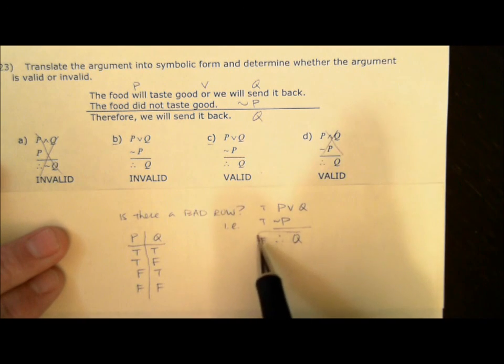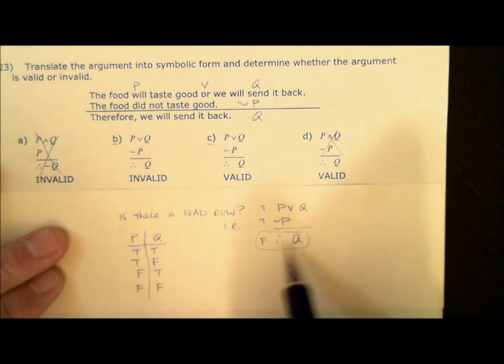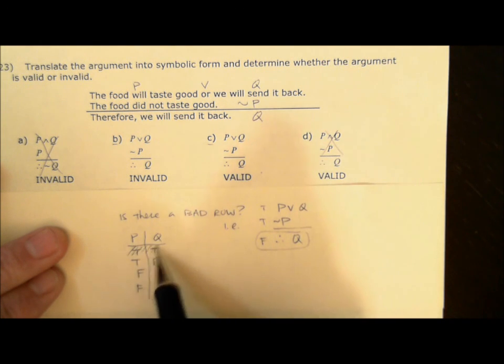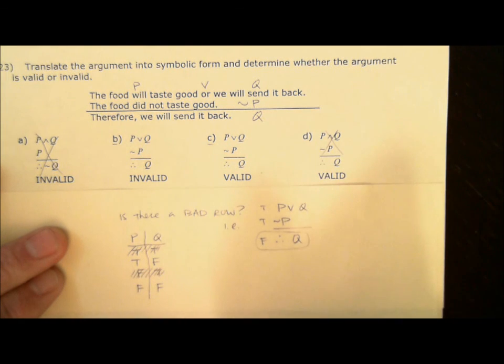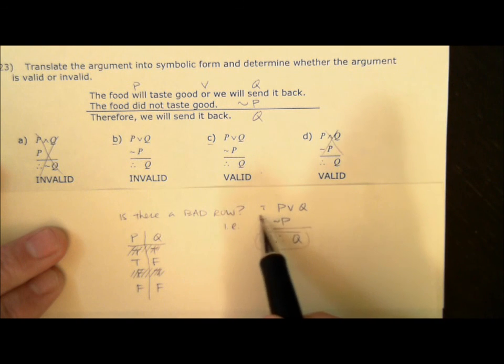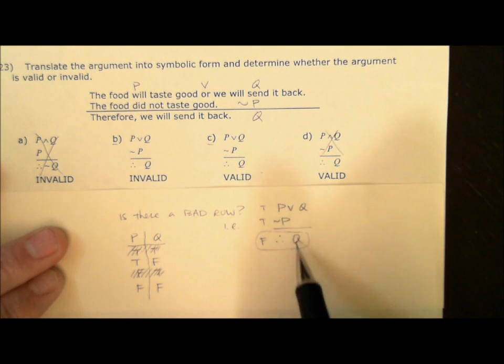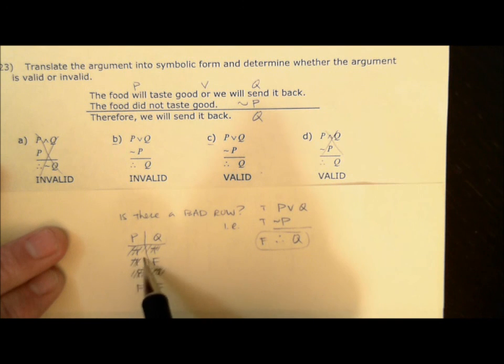We know that this bad row can only occur if Q is false. So we don't need to consider the cases where Q is true. We only need to worry about the cases where Q is false. And further, if not P is true, then we know that P itself is false. So the only way a bad row can occur is if P is false. So we don't need to worry about the cases where P is true. So really we're only down to one case.